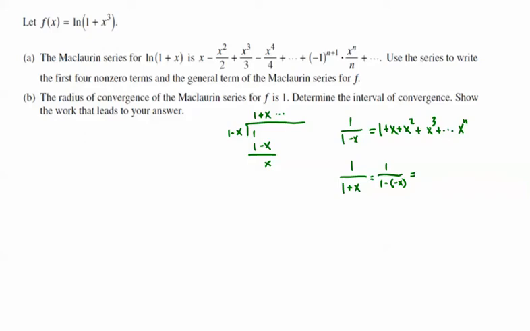So that will become 1 minus x plus x squared minus x to the third, etc. That's not the one that we have in this problem. The one that we have here is one step further from this. This would be negative 1 to the n, x to the n.